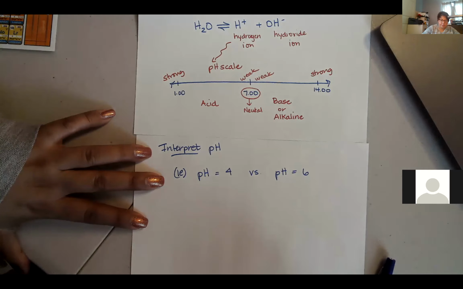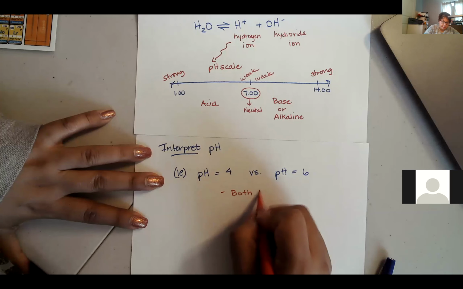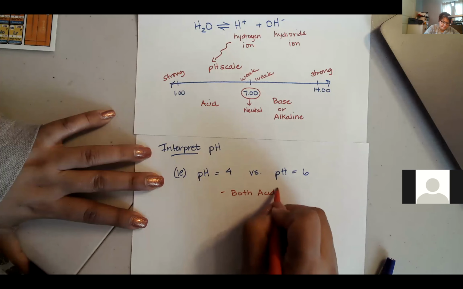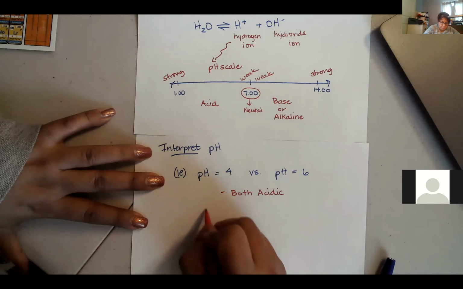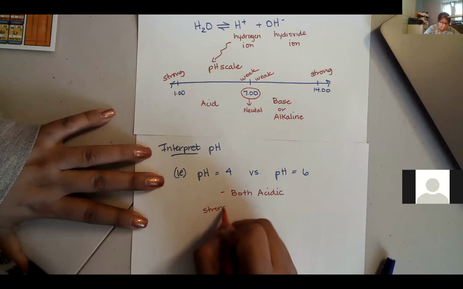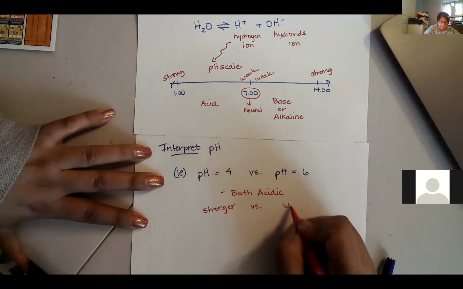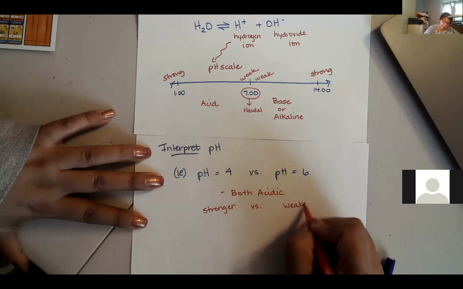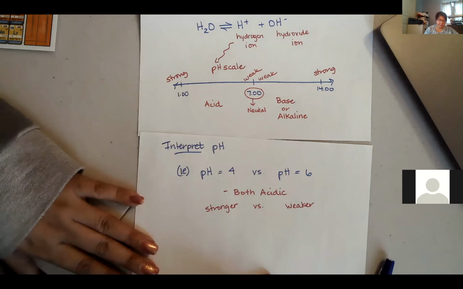What they have in common is that they are both acidic. But the pH of 4 is stronger versus the pH of 6. So 4 would be a stronger acid as compared to a pH of 6.